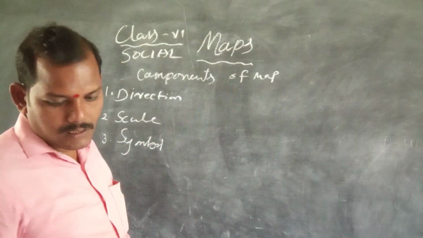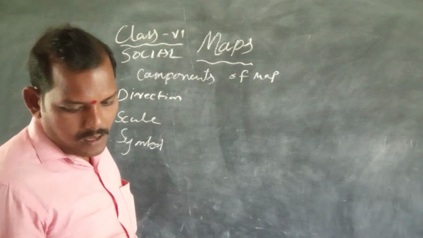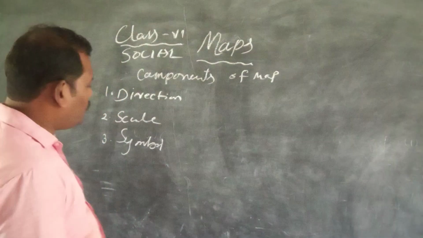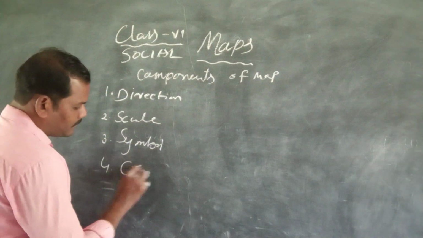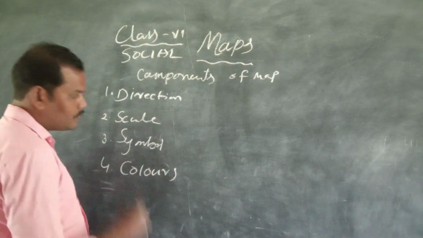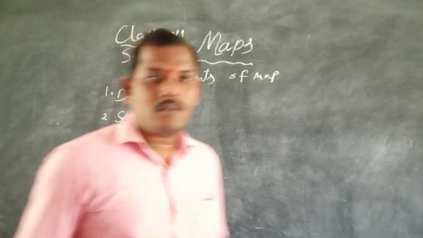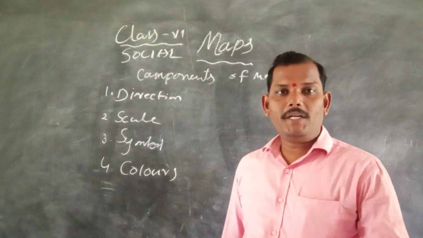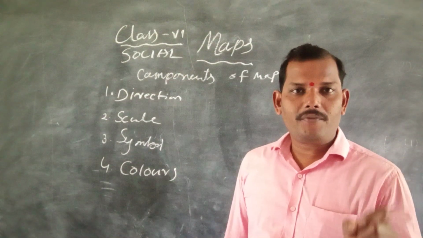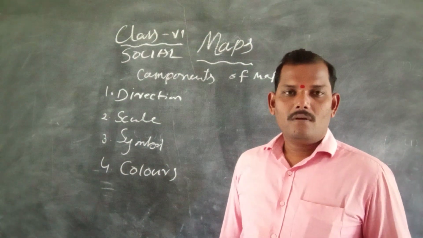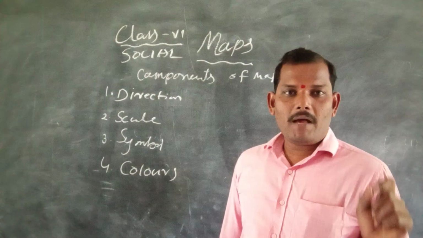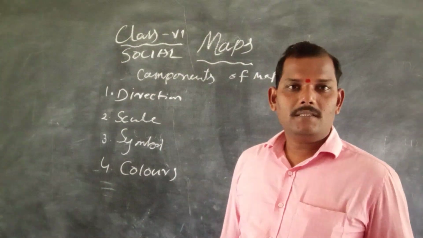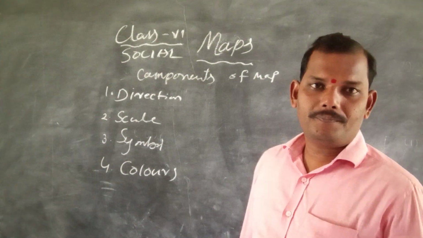And fourth one is colors. These are the components of a map, or the characteristics of a map. Where the maps follow these four areas, that is treated as a map.